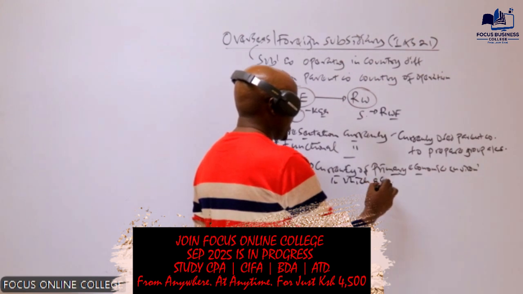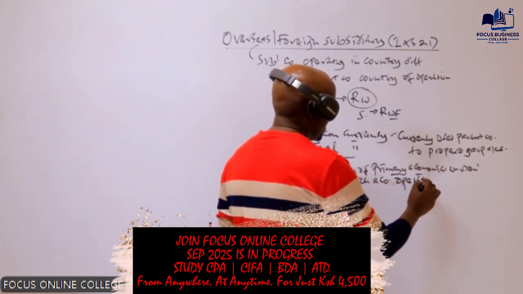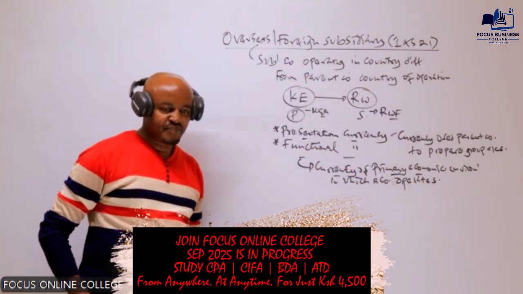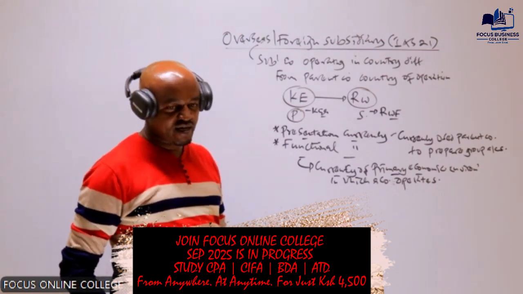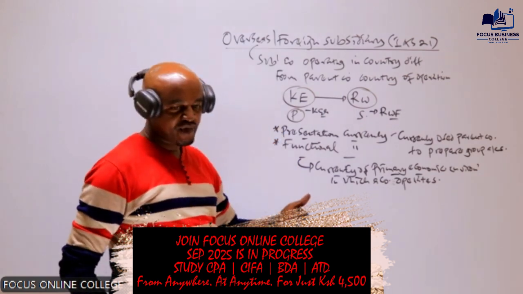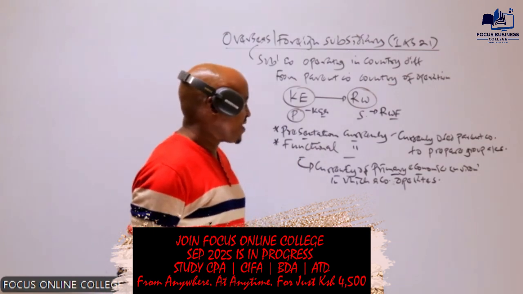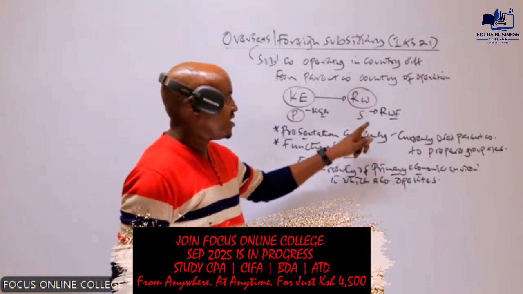So basically that is the local currency of the country in which the company operates. If the parent company is operating in Kenya, the functional currency is Kenyan shillings. If the subsidiary is operating in Rwanda, the functional currency, or the local currency for that country, is the Rwandan franc.